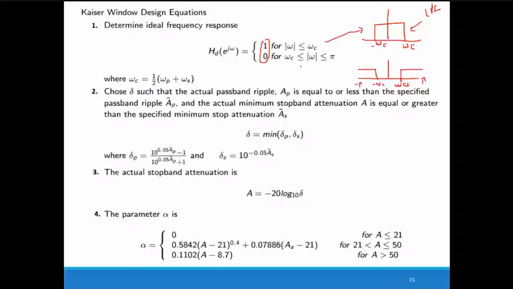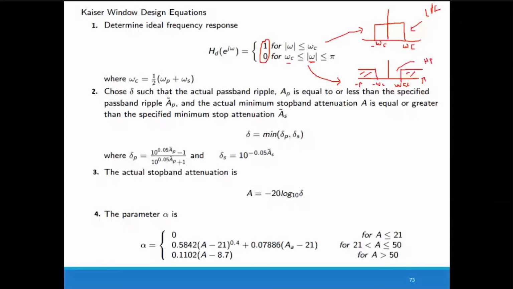So if the task of ideal high pass filter design is given, then you have to just change these values: 0 for mod of omega less than or equal to omega c, and 1 for omega c less than or equal to mod of omega less than or equal to pi. So here mod value is taken, so that is minus omega c to minus pi and omega c to pi. Here you are getting the 1 value, for the remaining you are getting the 0 value. So this represents the high pass filter.